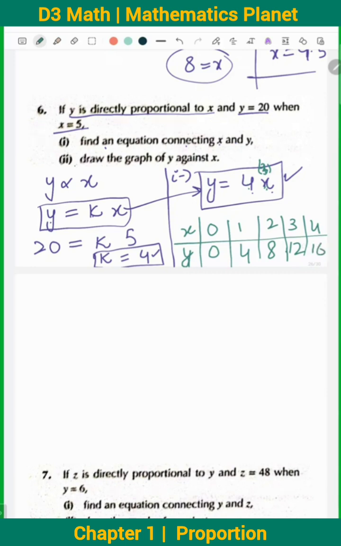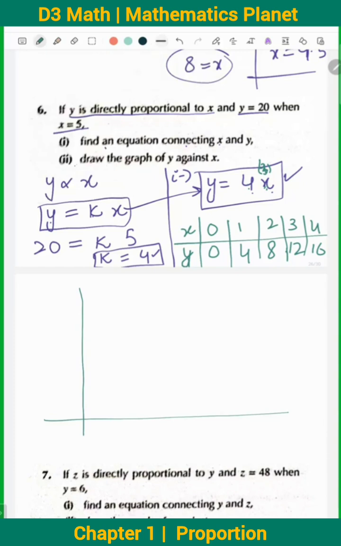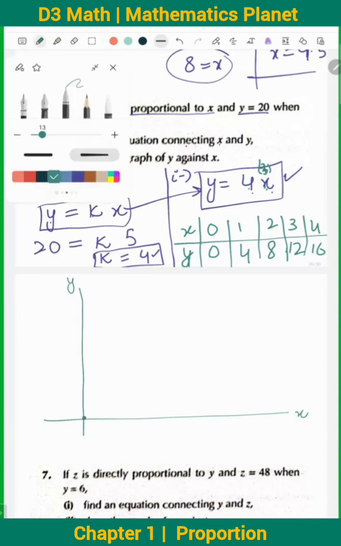So you know how we make this table x and y. So now we just need to plot this table. So x is 0, y is also 0. This is x-axis, this is y-axis. Now see how I'm going to plot this table.